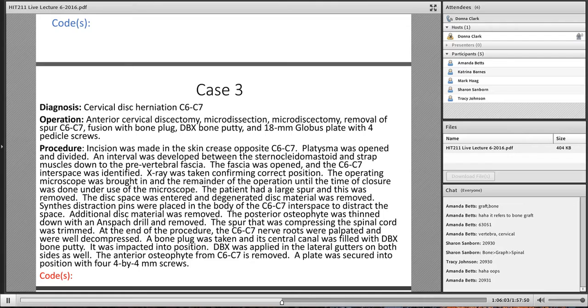20931. See, that 63051 is a laminoplasty, cervical with decompression, two or more vertebral segments.